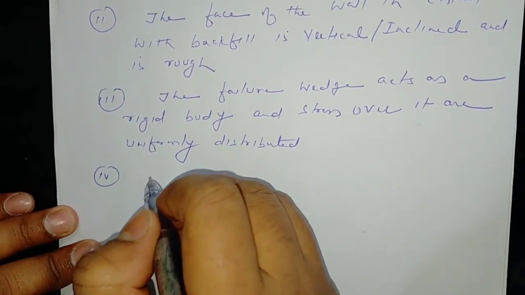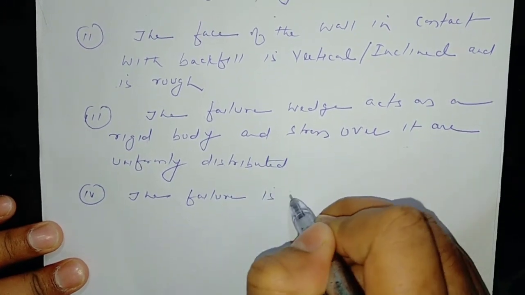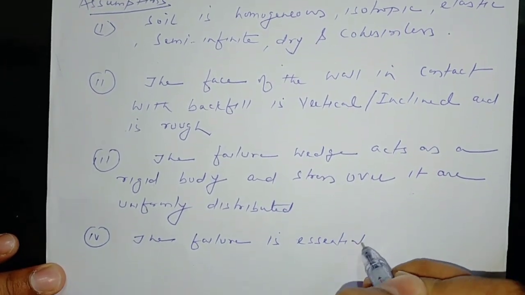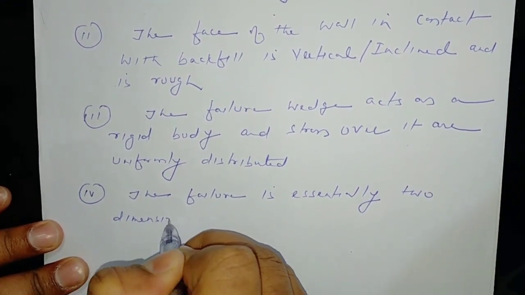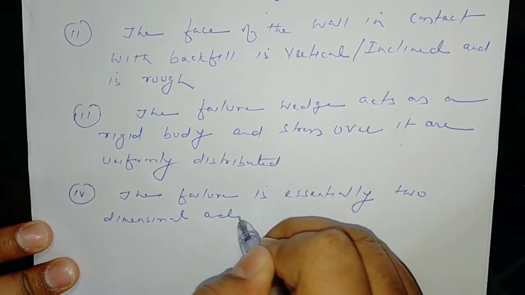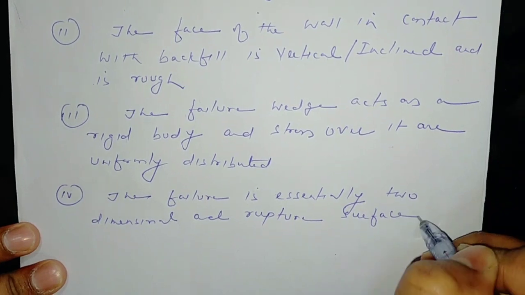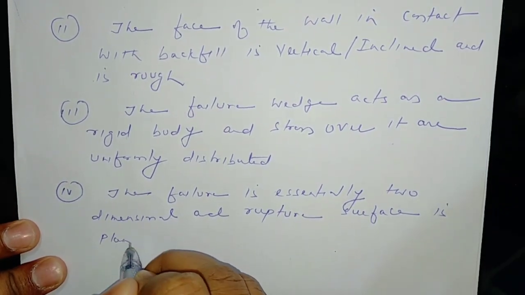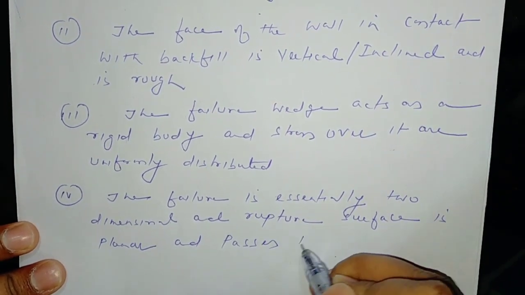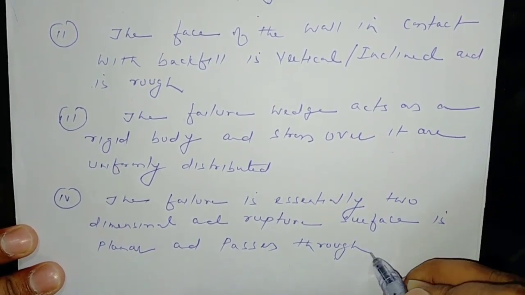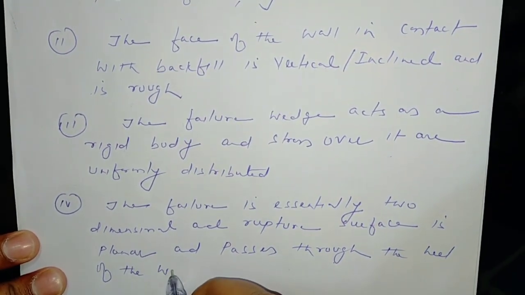Fourth assumption: the failure is essentially two-dimensional and the rupture surface is planar and passes through the heel of the wall.